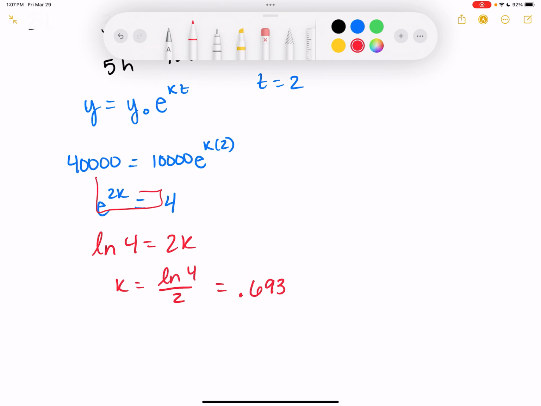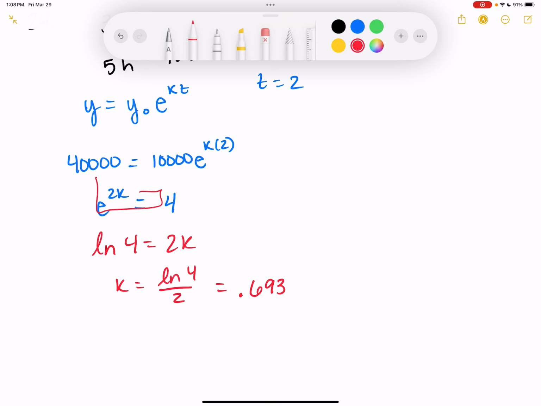And so then now I can go back and try to find what the value was that I started with. It's going to look a little different because I started at hour 3. I didn't start with the initial, and I'm trying to figure out what my initial was.